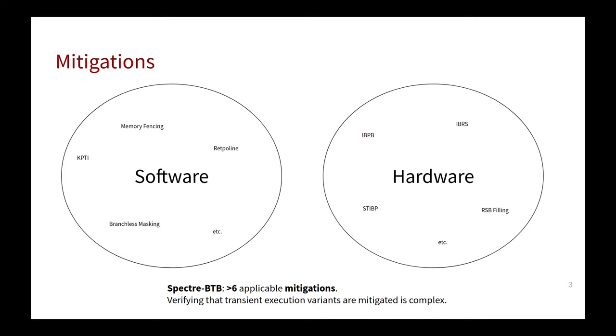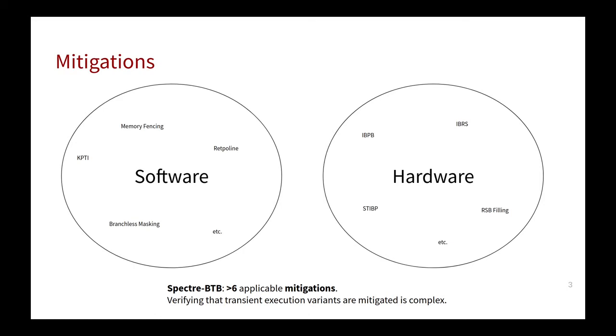The reason behind this high number of mitigations for a single attack is that these attacks can be performed in different settings, and there is no mitigation available that works for all the possible scenarios altogether. If we want to verify whether a system is actually vulnerable to transient execution attacks, the situation is very complicated because we need to consider all possible scenarios in which these attacks can be performed and make sure that each one of them has the right mitigations in place.